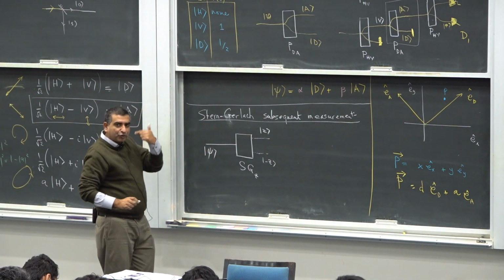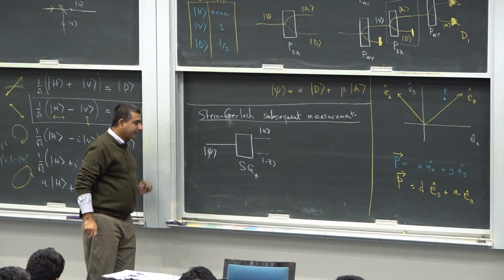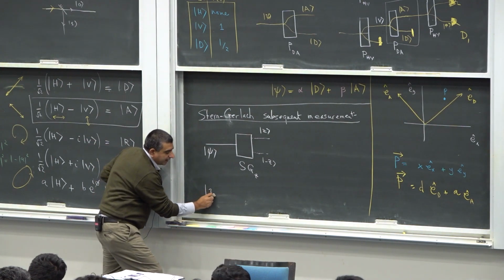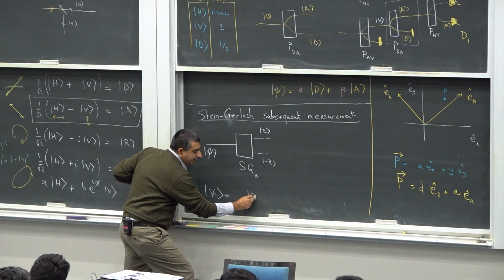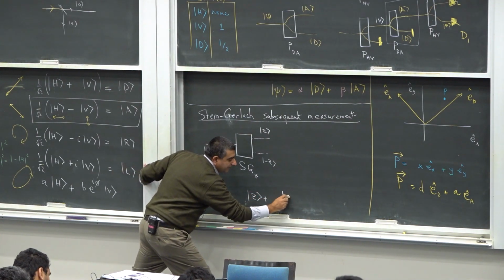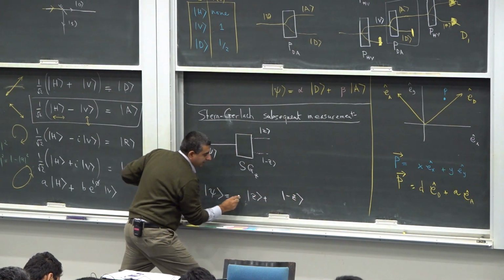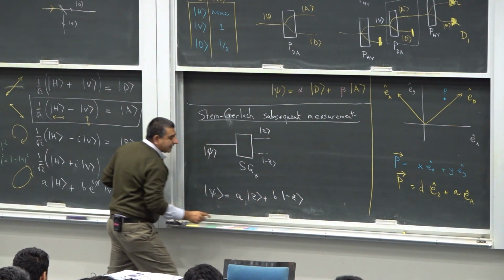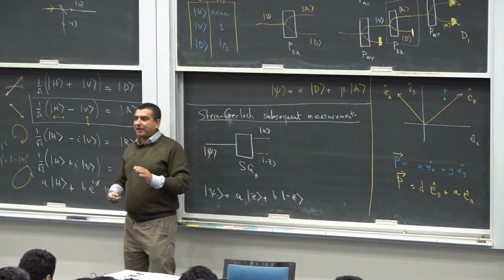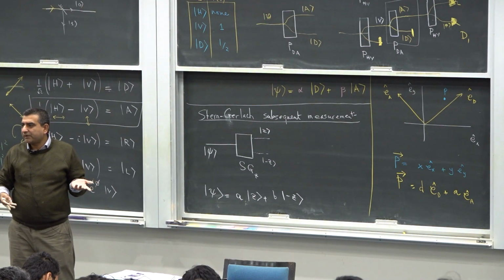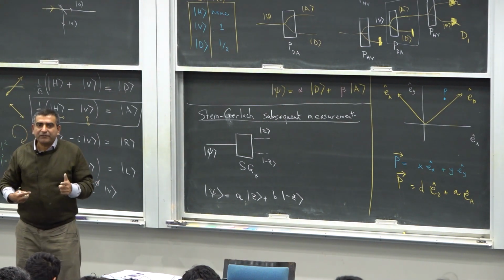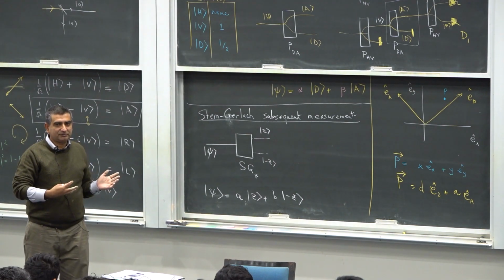Remember that when we talk about electron spins, my ket psi can be represented in the basis ket z, ket minus z. Ket z and ket minus z are labels for my basis vectors. I can call these ket 0 and ket 1 as well. So the spin of an electron is also a qubit.